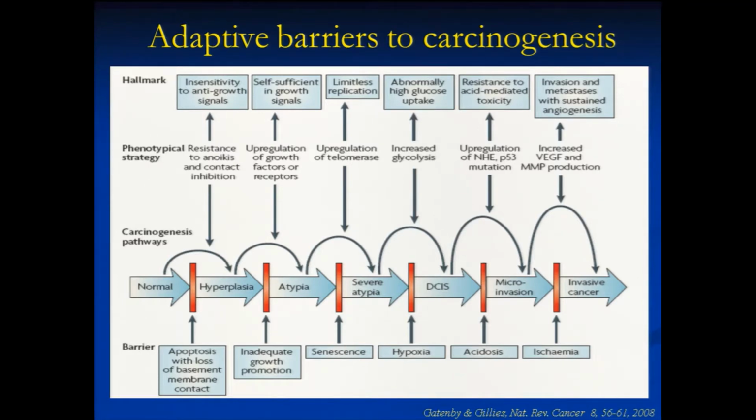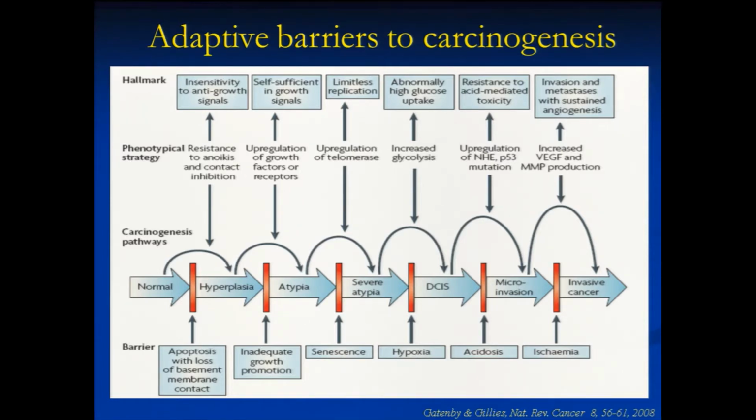Although this was published before the second update of the hallmarks, they were already talking about this energetics hallmark as well. And so in terms of these hallmarks related to the pathway of carcinogenesis, they observed a number of potential barriers that tumors need to adapt to as they progress through carcinogenesis.